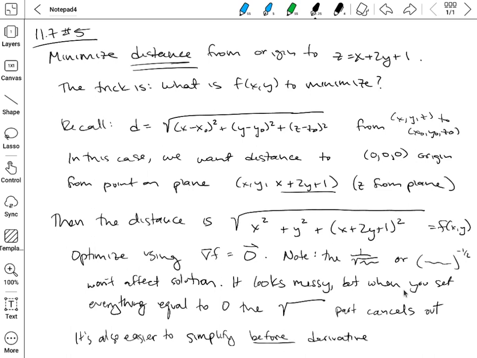It's also going to be easier to simplify before you take the derivative. By simplify, I mean multiply out that thing, just so that you're not worrying about some chain rules in there. You can group all the x squared, y squared, and xy terms together.